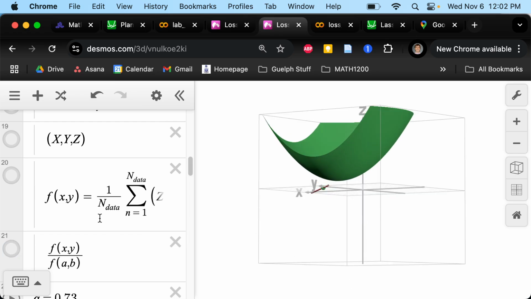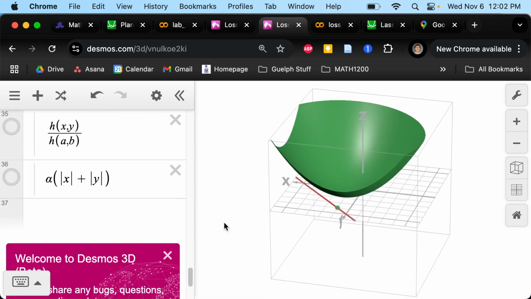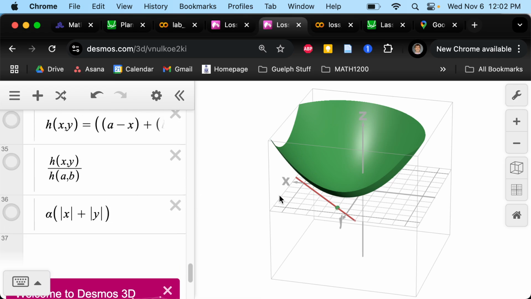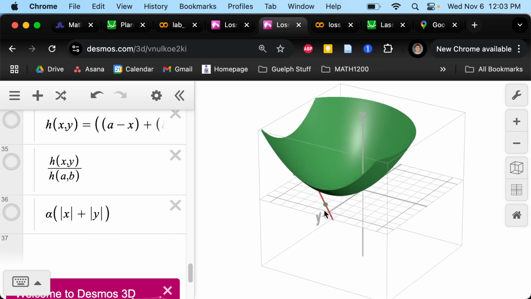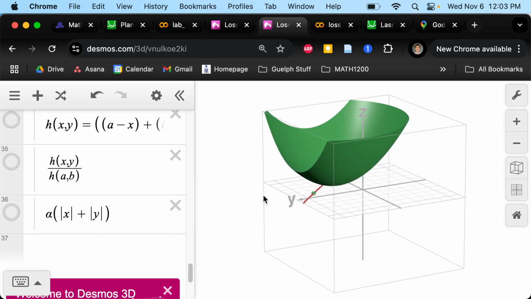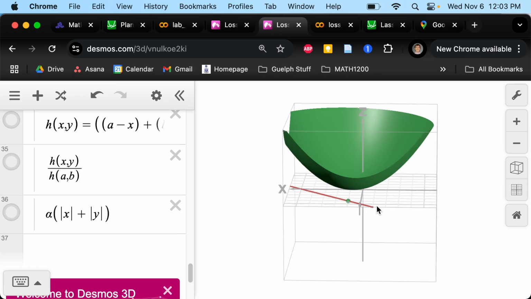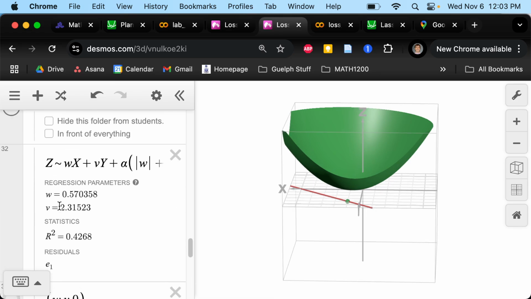Okay, so this is the ridge regression loss surface. That big green bowl is the ridge regression loss surface. This little dot over here is the true value that we want to find, which is, I believe in this case, beta 1 equals 1 and beta 2 equals 4. It's the point (1, 4). And we're trying to find this thing.